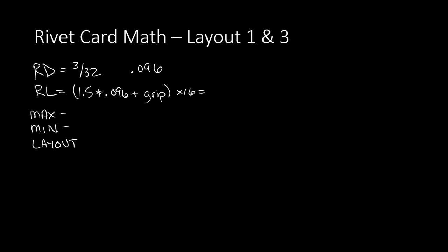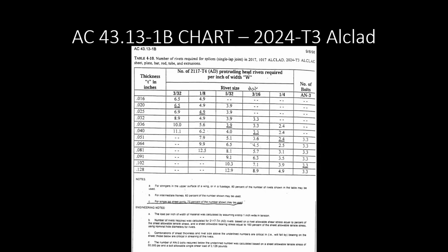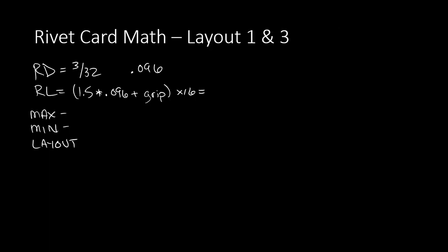I'm going to scroll up to this chart here. Remember, they already told us it's a 3/32 rivet. Your thickest sheet of metal is going to be 40 thousandths, which is 11.1 for a multiplier. So that's what you're going to use as your multiplier here, times our pitching distance.